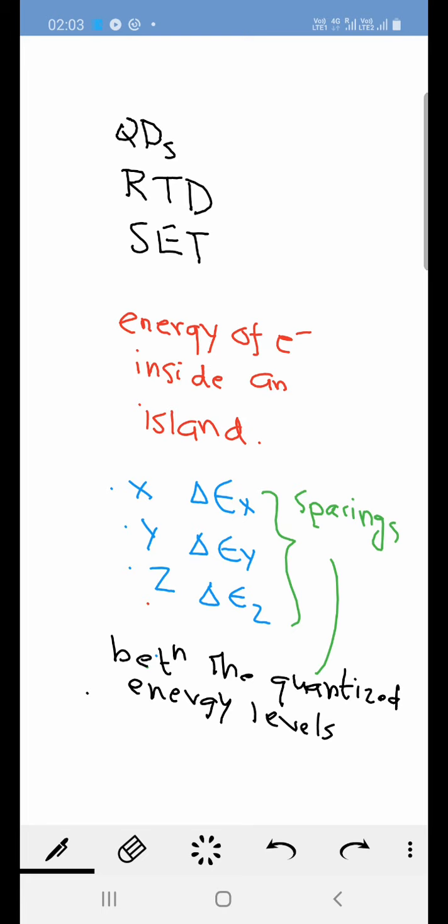Now, this delta epsilon value is calculated for an electron on the island, ignoring other repulsive interactions that can occur when more than one electron resides there.